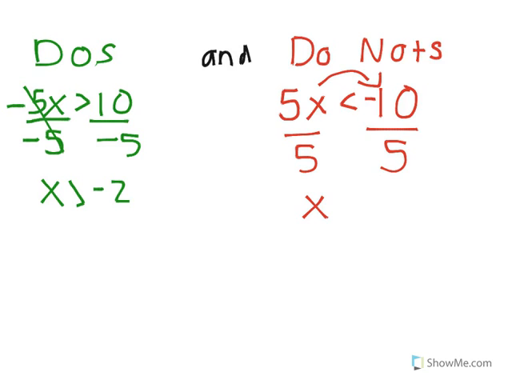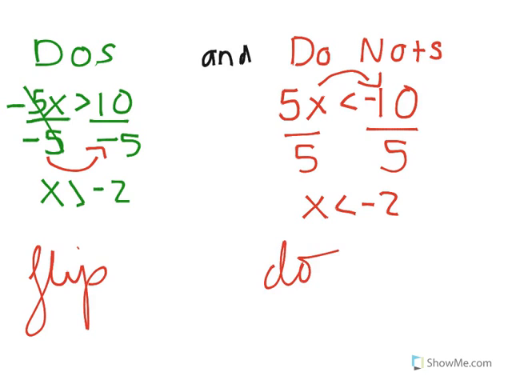It just stayed on its one side. So there's going to be -2. There's the differences between when to flip the sign and when not to. We went across the sign, so we flip. So flip on this side and don't flip on this side.